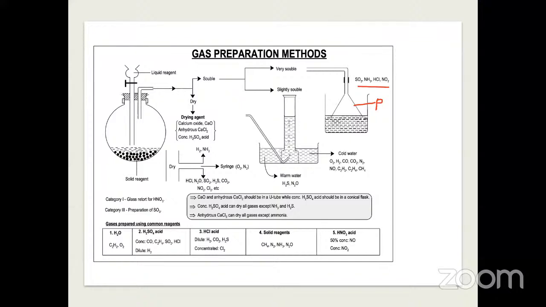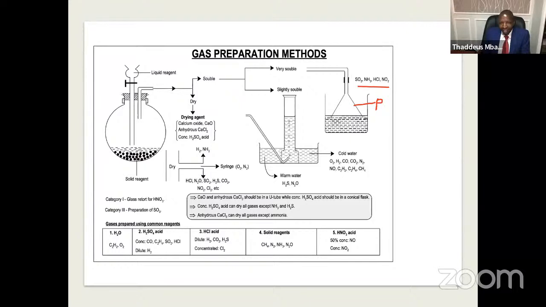So 78 over 100 times the mass of nitrogen gas, which is 28. That's what we want in order to get the mass of air. Very easy.